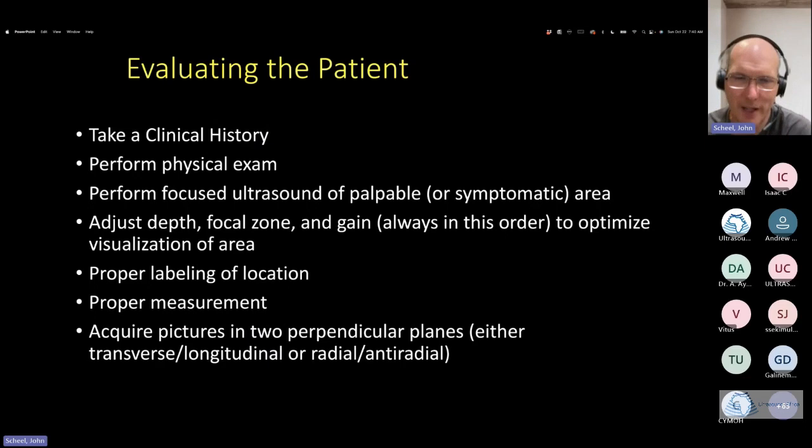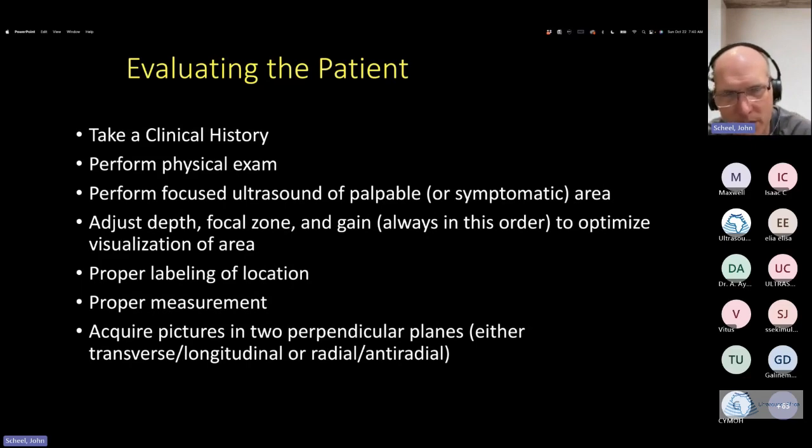Okay, so now that we have the patient and we know how to position them, we know how to take good quality images, now I want to go over how you approach a patient and how you decide what exam is appropriate. Sometimes when a patient comes, they have clinical information like a clinician felt a breast lump or the patient feels a breast lump.